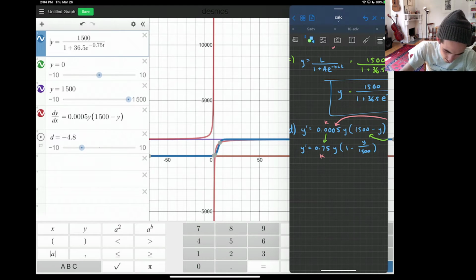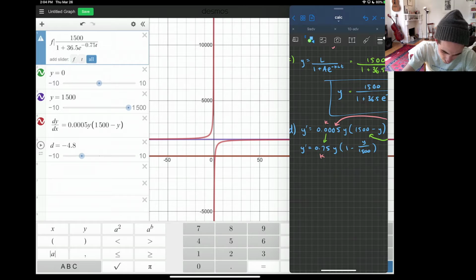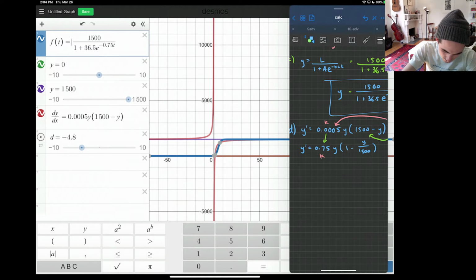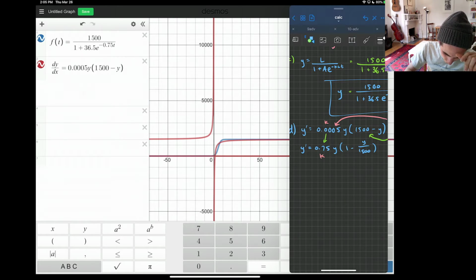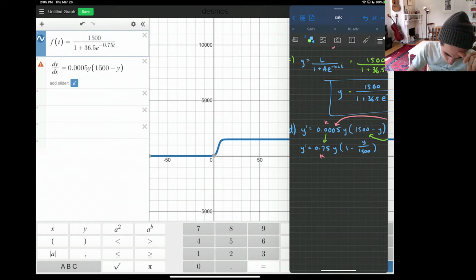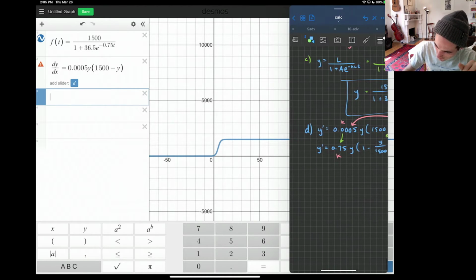Oh, I see. So make this f of t. Do you want me to get rid of the asymptotes? Is that what you're saying? Yeah. Oh, here, let me get rid of this.